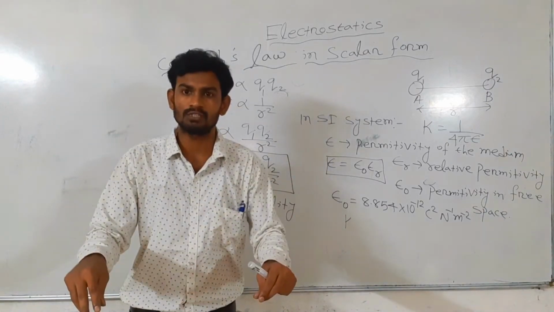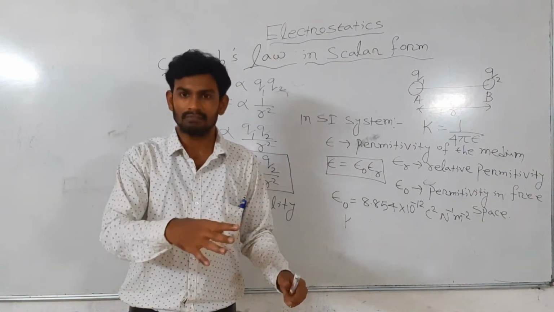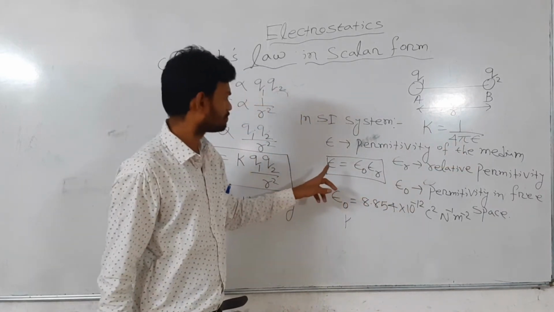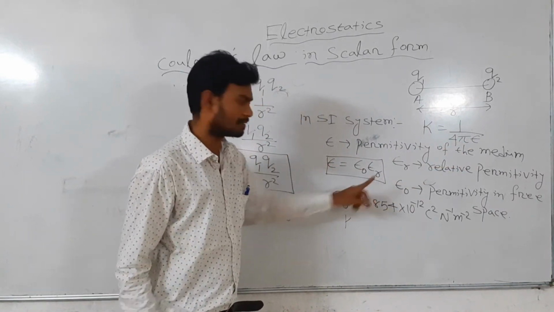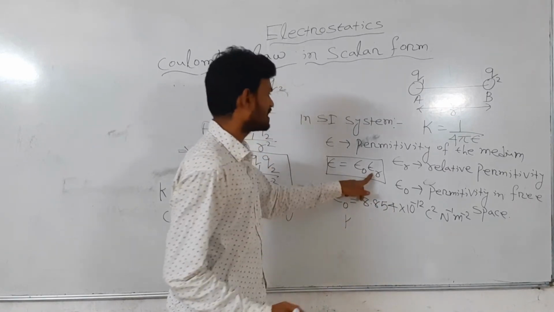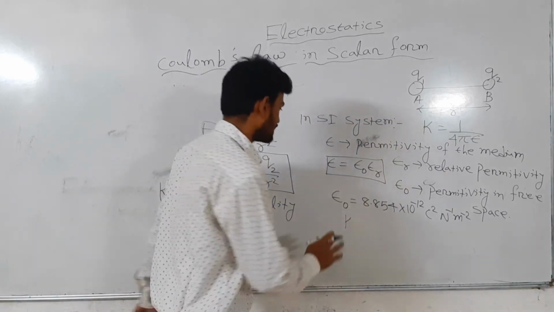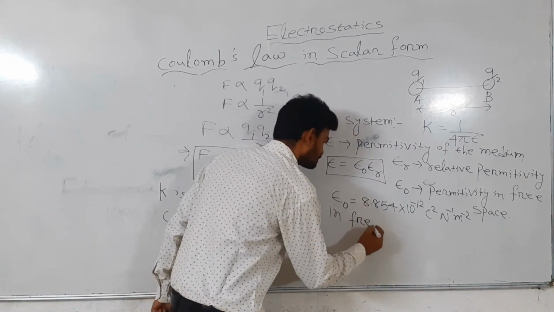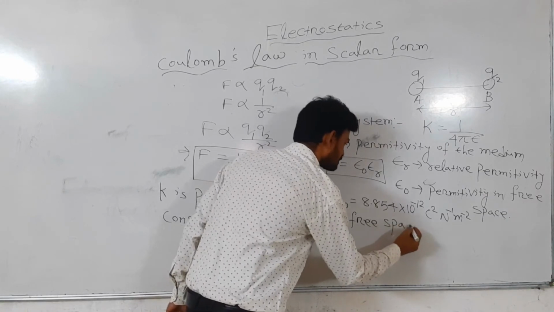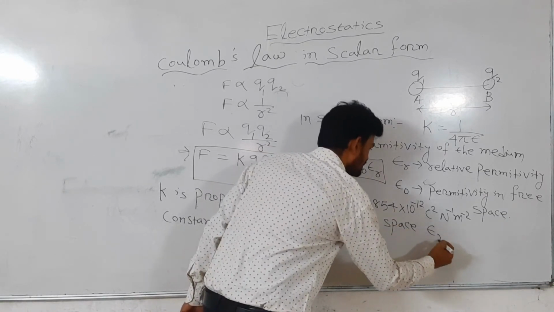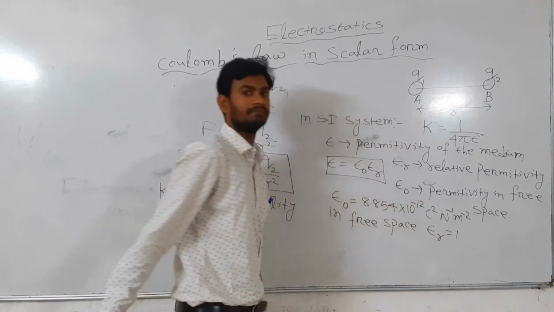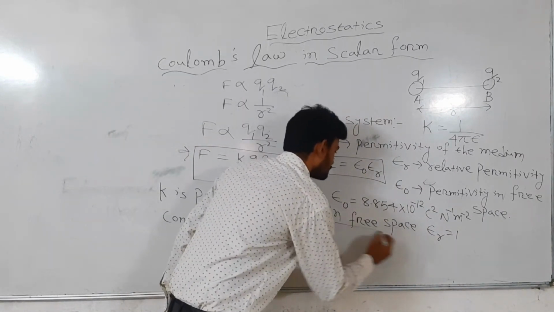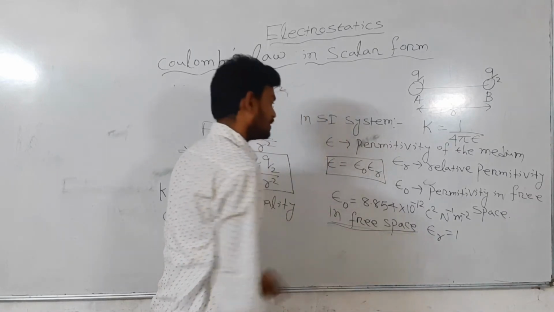The medium is air, so in free space epsilon r is equal to 1, that is, relative permittivity is 1.